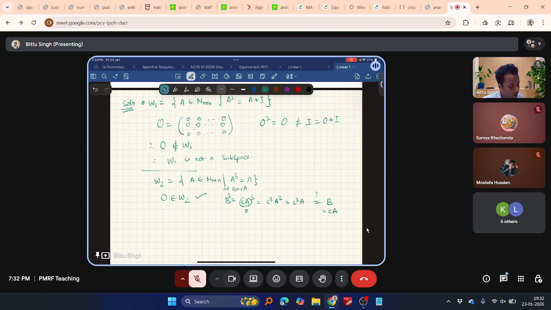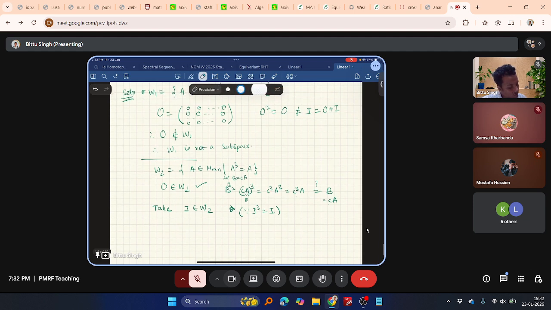So what will be a counter example? From here you can construct lots of counter examples. So take identity. So identity belongs to W2. Why? Because identity cube is the same as identity.